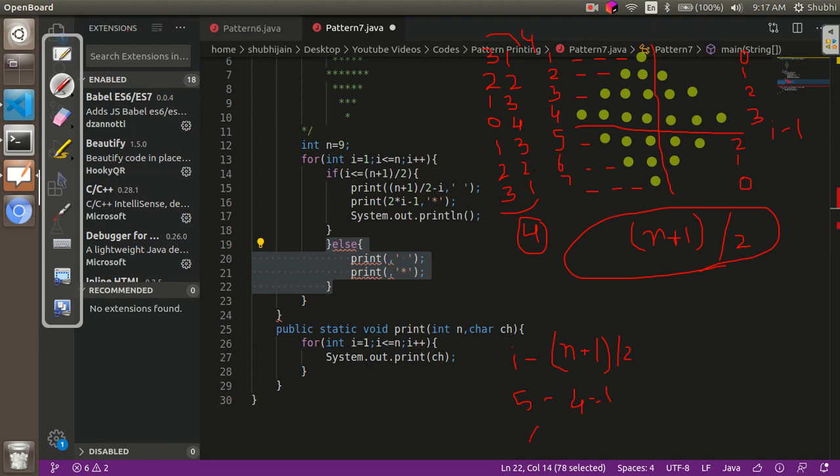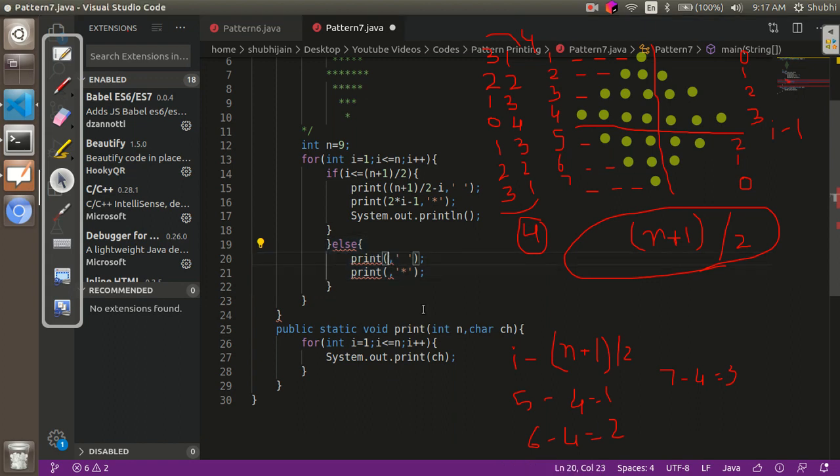For the 6th row, we have 6 minus 4, that comes to be 2. And for the 7th row, we have 7 minus 4, that is 3. So, I minus (n+1)/2 is the number of spaces that are to be printed for the lower half. So, over here, we will have I minus (n+1)/2.